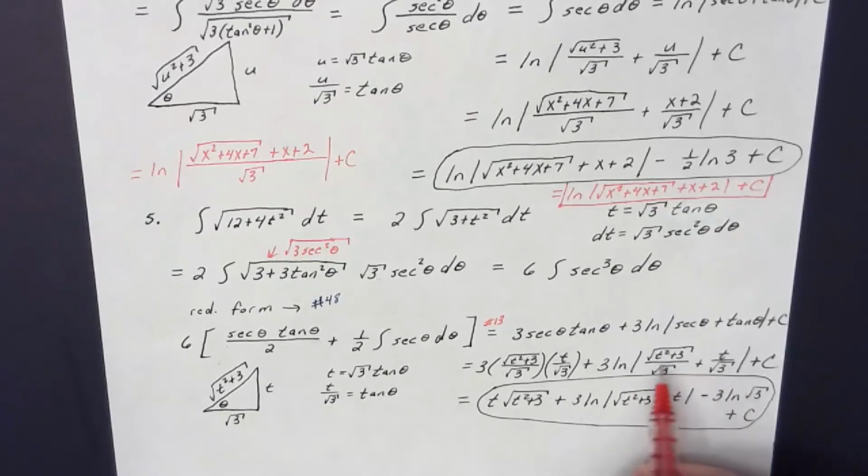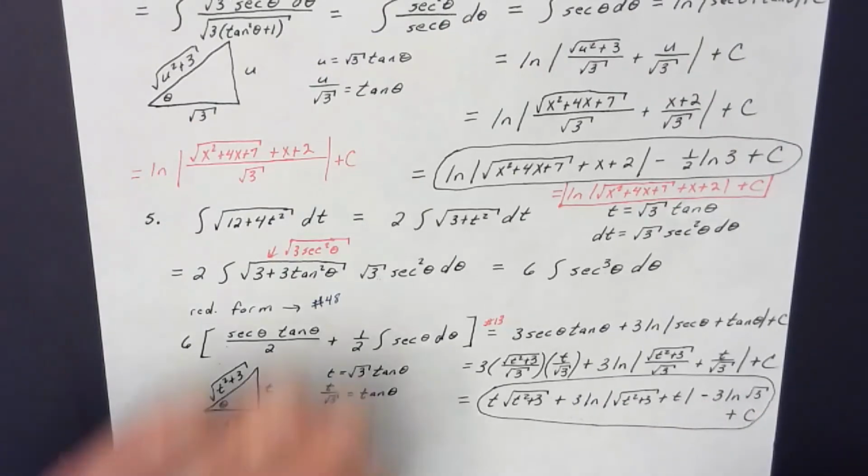So I went ahead and just said, well, then this is going to be 3 natural log of those terms in the numerator, and then the denominators we would subtract. I subtracted minus 3 natural log of the square root of 3. I could have even said minus 3 over 2 natural log of the root of 3.